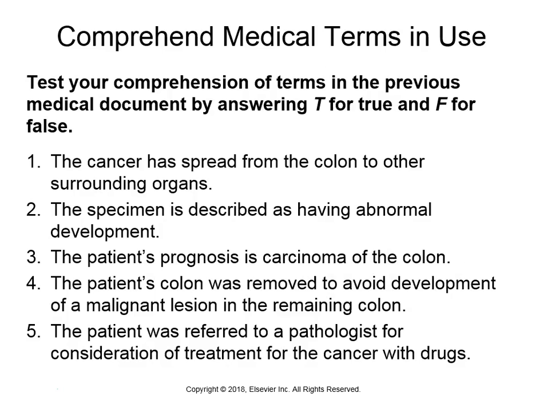There's also some true-false questions here from the medical document to give you a clue as to what's happening. Those same types of questions are also located in your book in the exercise chapter.